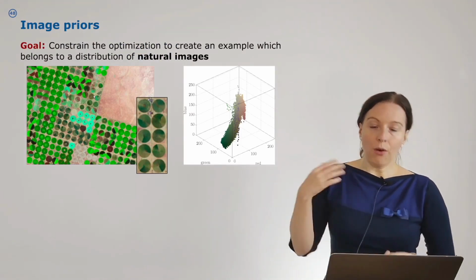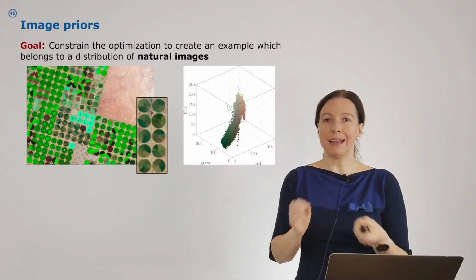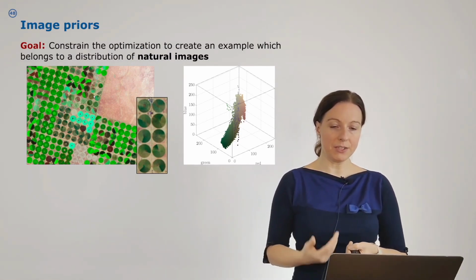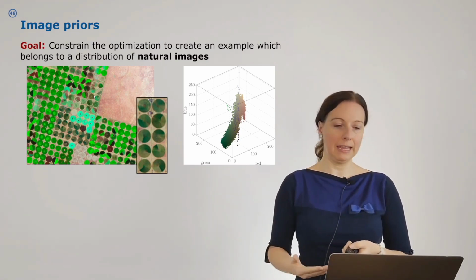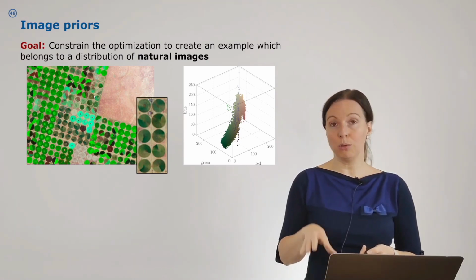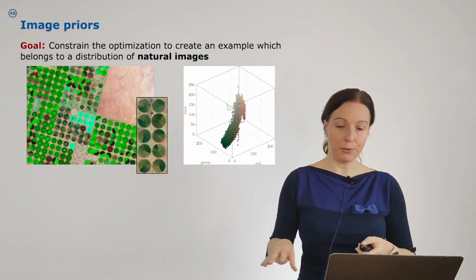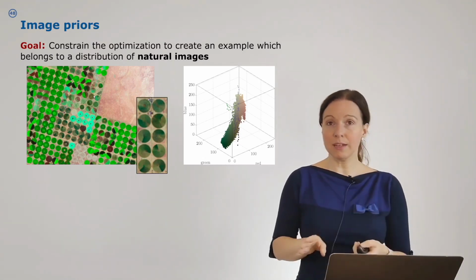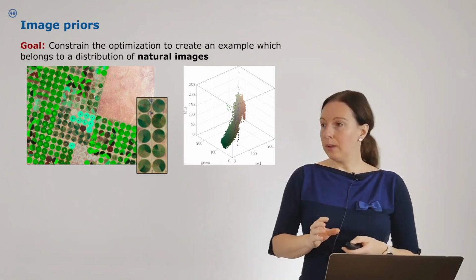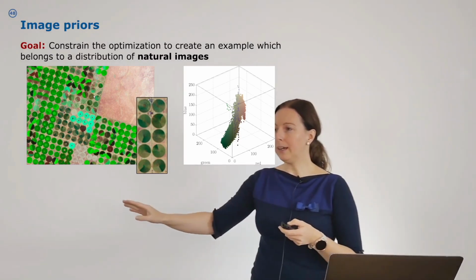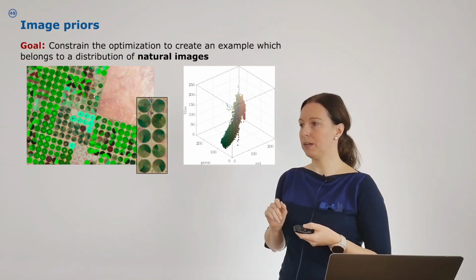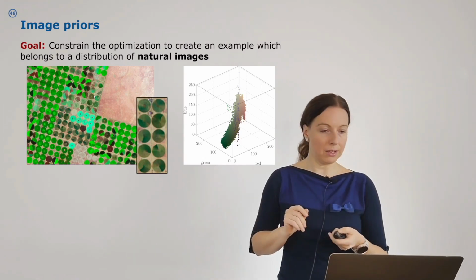In order to overcome this challenge and tackle these adversarial examples, we can guide the optimization more towards natural images. That means we incorporate natural image priors into the objective function, into the optimization process, which was found to substantially improve the recognizability of these images. To give you an example, here again is the example of this agriculture field in Saudi Arabia.